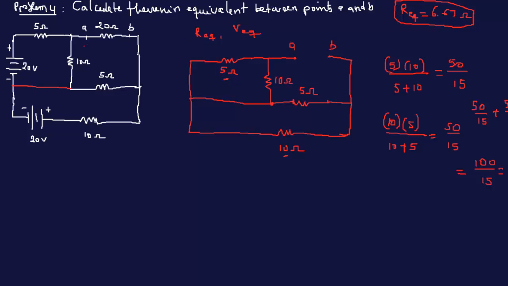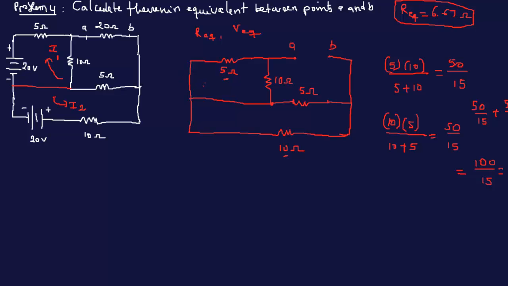So going back to the original circuit, now we put the sources back. And so we have a current flowing through here. Let's call it I1. And we have a current flowing here. Let's call it I2. So it would be the same thing anyway here, but with the voltage sources.